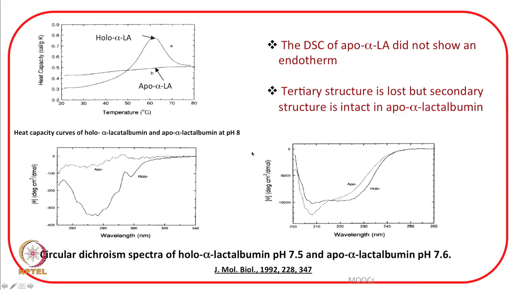So, here comes the controversy, because in this example the authors showed that the molten globule state, the traditional molten globule state for which the definition adopted is intact secondary structure compared to that of the native state and lost tertiary structure, did not show an endotherm in the differential scanning calorimetric profile.